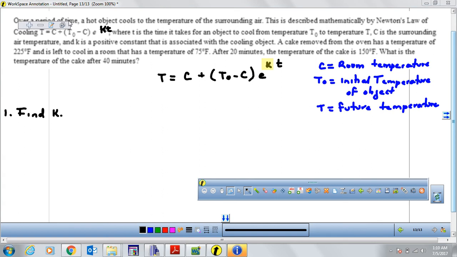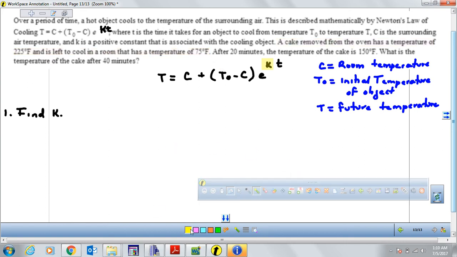What we know is this: a cake removed from the oven has a temperature of 225 and is left to cool in a room that has a temperature of 75. So we already know the initial temperature of that cake and the room temperature. We're going to put the C, it's 75.